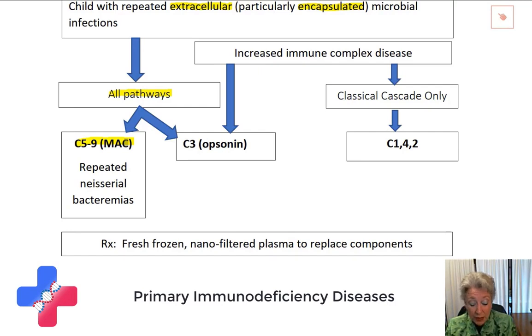If I can't make that membrane attack complex, I'm going to have trouble causing lysis of organisms. But it turns out to be true that the only organism that is truly exquisitely susceptible to complement-mediated lysis is the genus Neisseria.